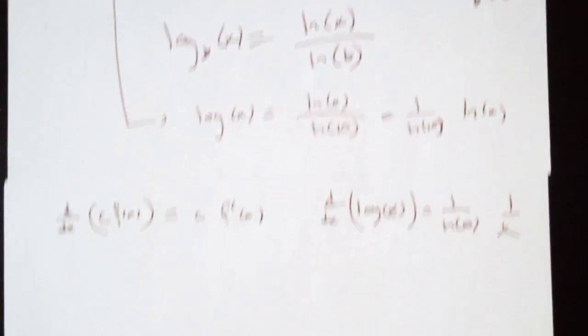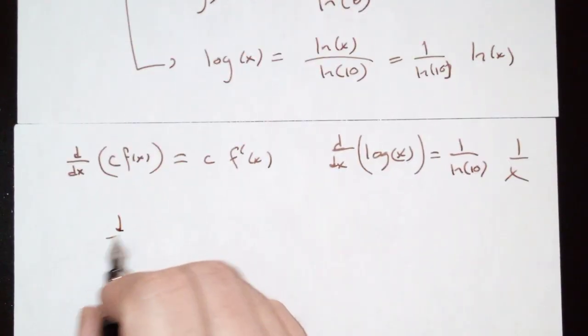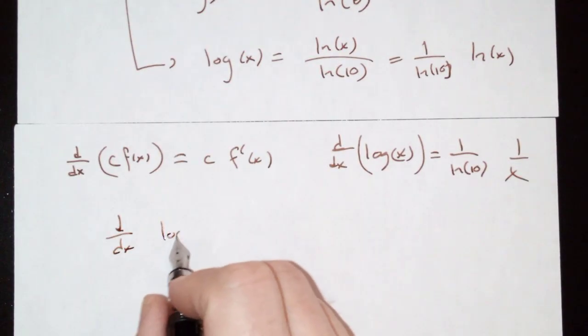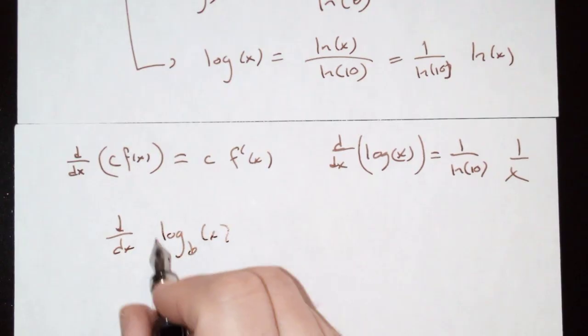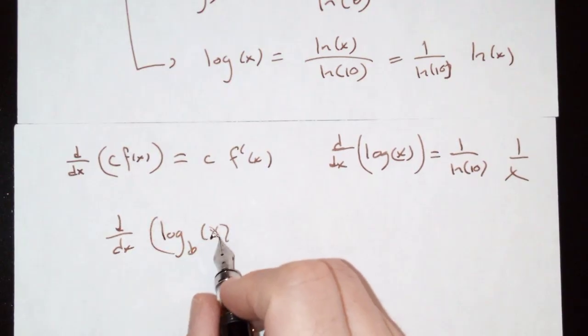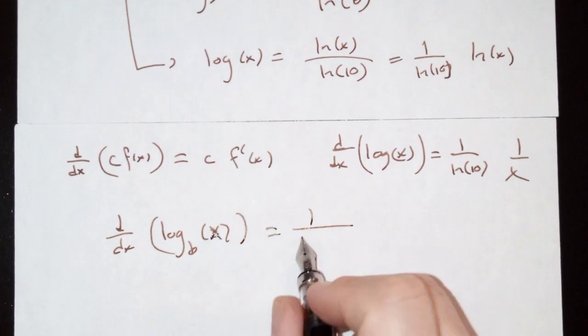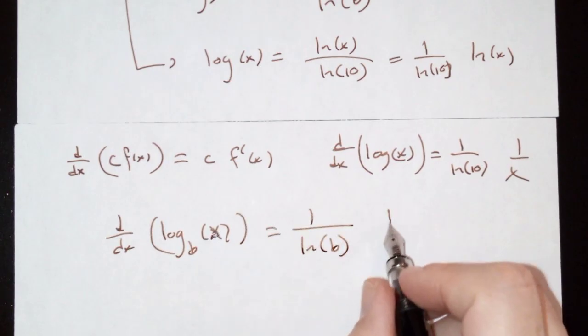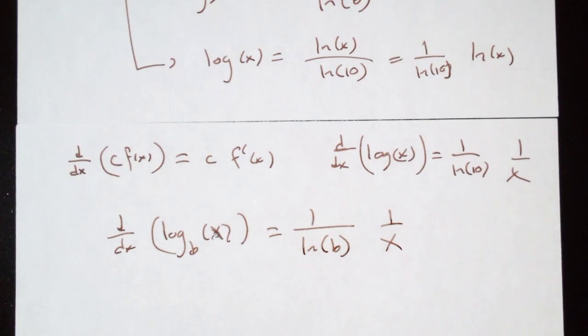This works for any base you want. The derivative of the log base b of x is 1 over ln of b times 1 over x. Because that's what our change of base formula allows us to do.